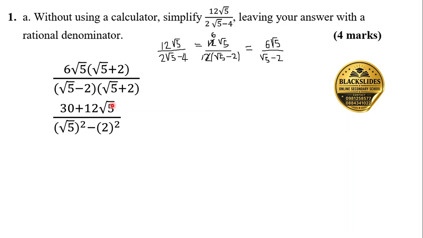I want to take this again. 6 root 5 times root 5 is 30. 6 root 5 times 2 is 12 root 5.